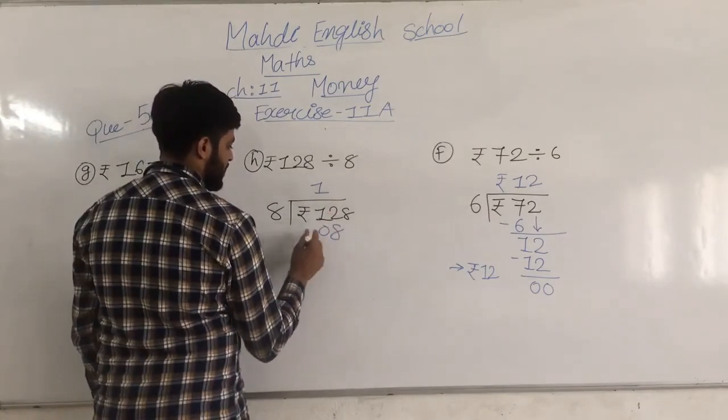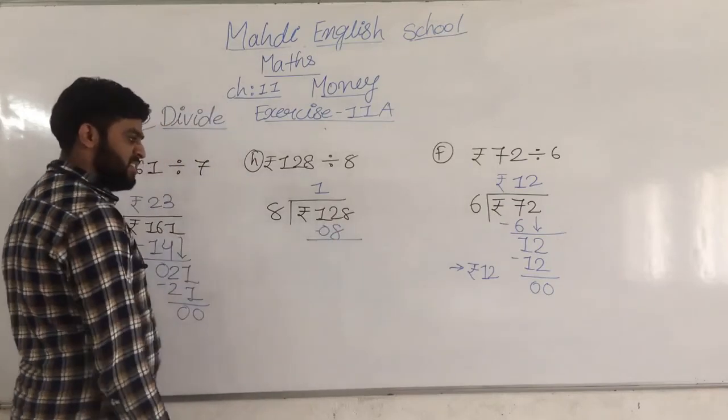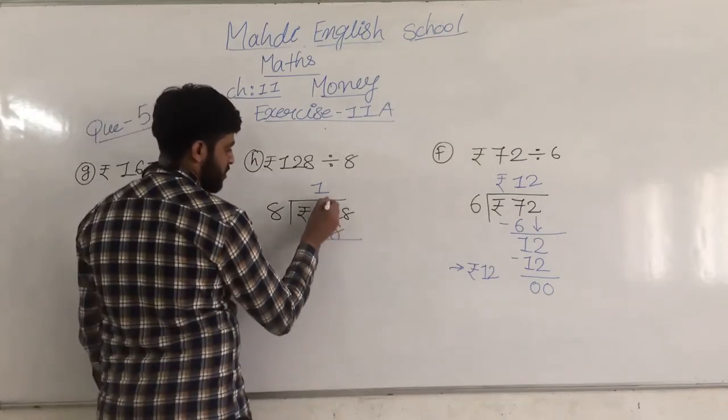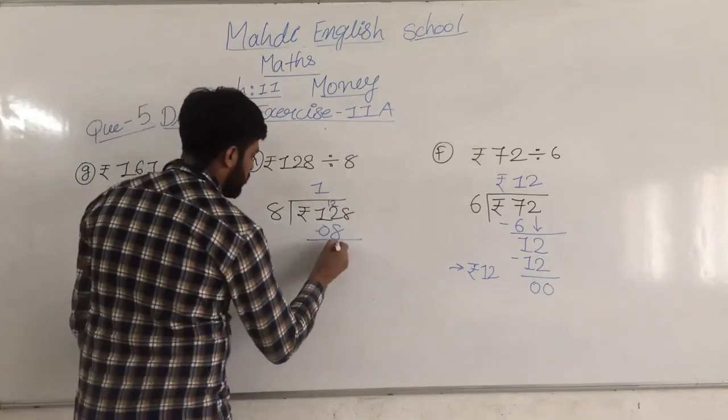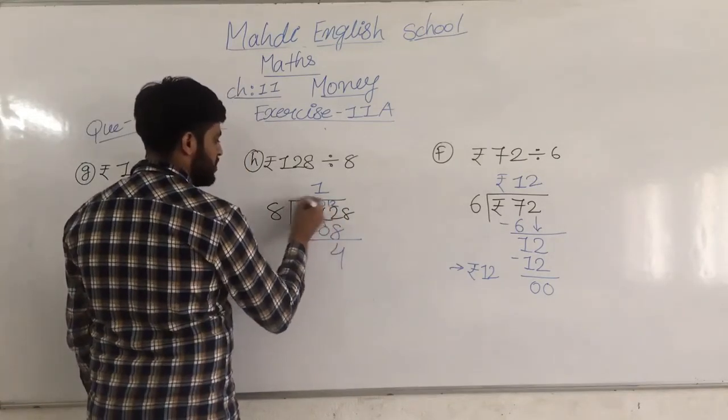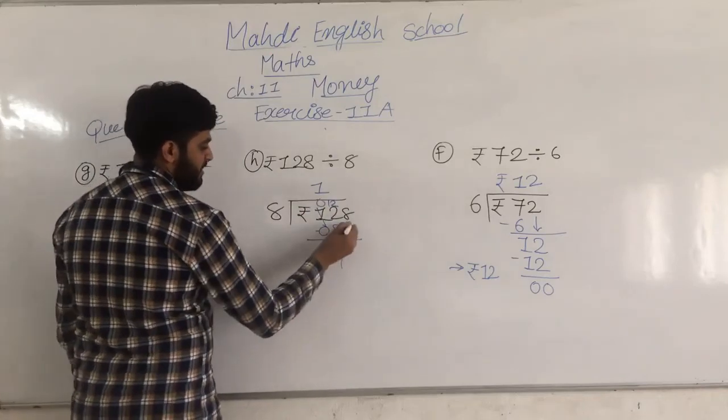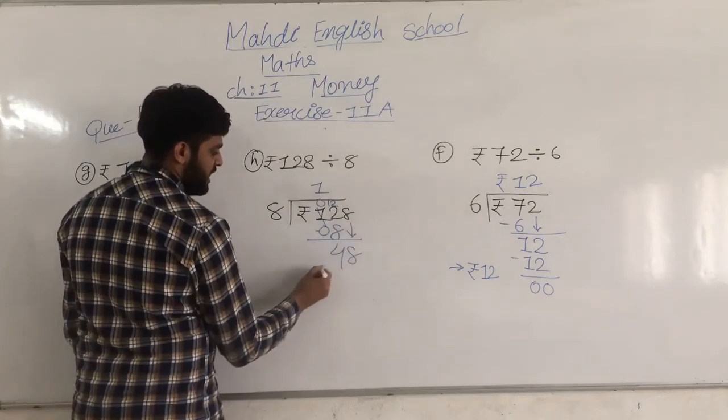But 1 minus 8, is this possible? No. So what to take? 12 minus 8. So how many do we have over there? 4. And cut and put the 0. Understood? And then we will bring down 8 here.